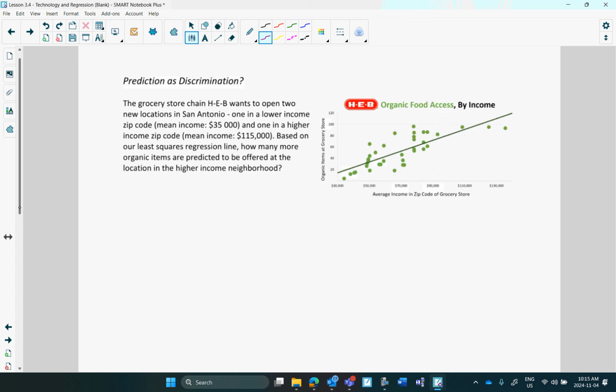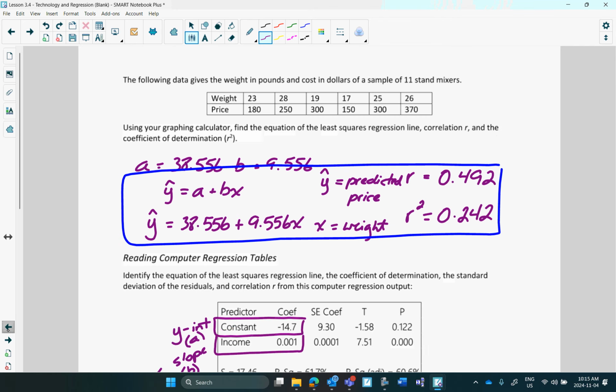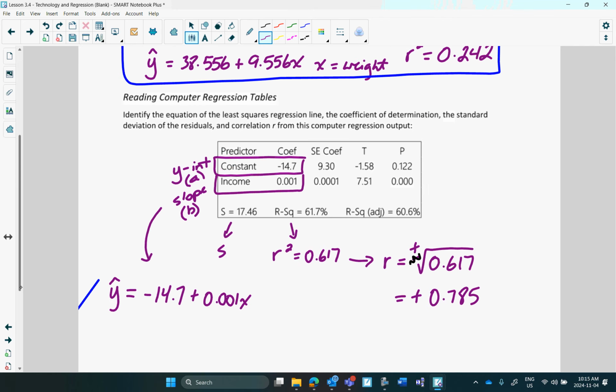So this grocery store chain wants to open two new locations in San Antonio, one in the lower income zip code, one in the higher. Based on our least squares regression line, how many more organic items are predicted to be offered at the location in the higher income neighborhood? Well, how would we do that? Just use the least squares regression line, which, oh, actually, that was on the previous page. I didn't realize that. Okay, then.